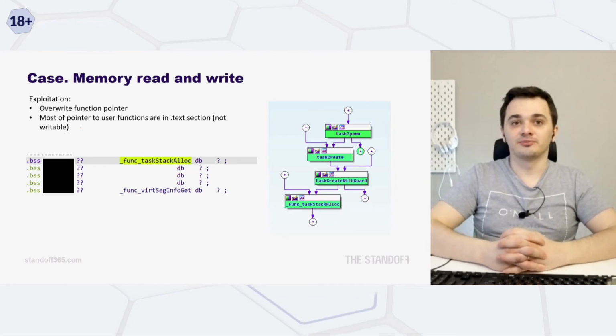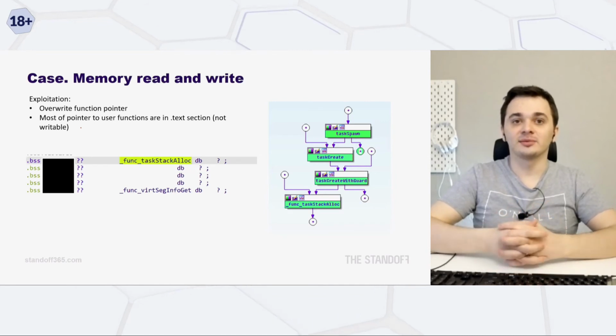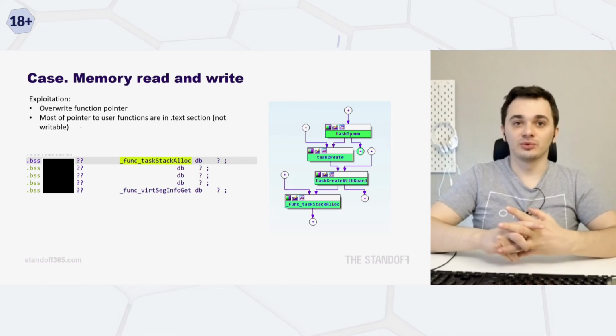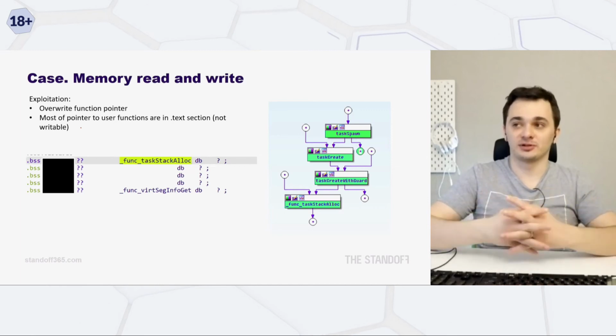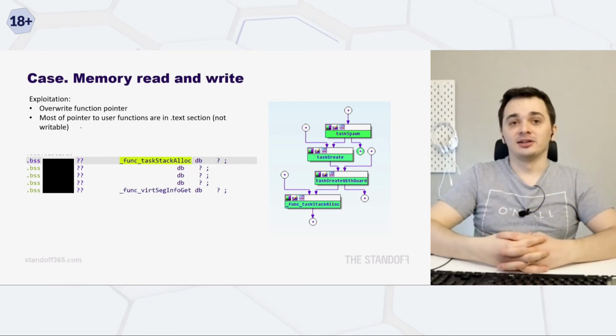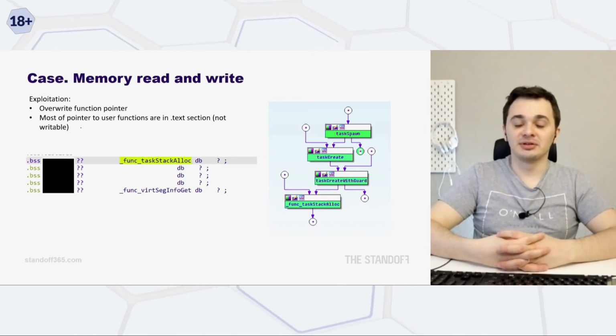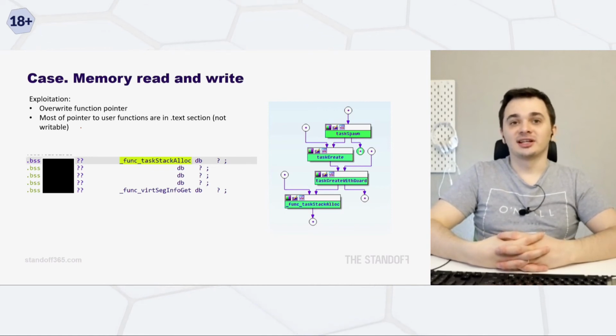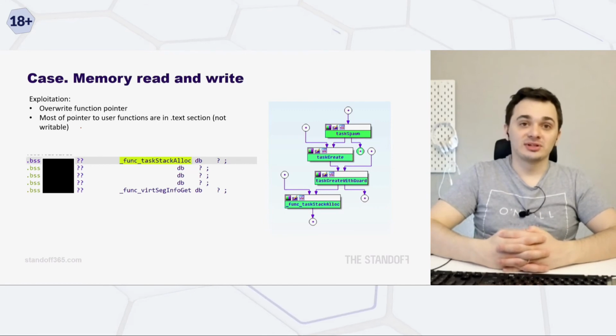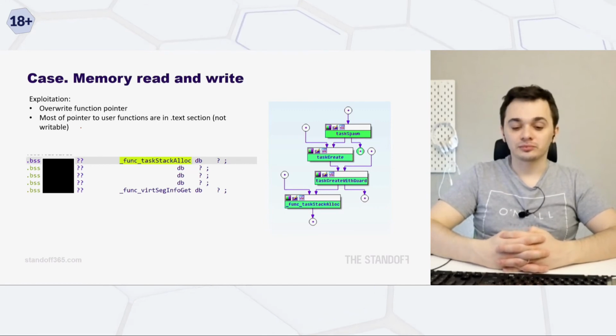In this firmware, the number of functions that had been developed by the vendor were actually in the text section, and this text section was not available for writing. So we had to use pointers to operating system functions.